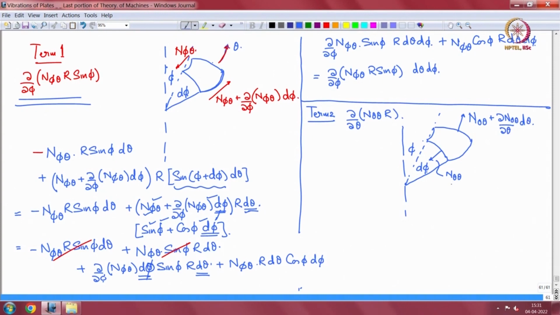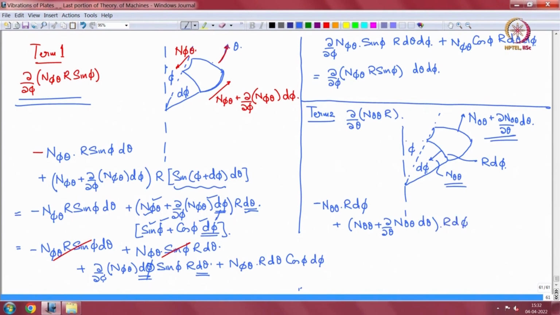So these are force resultants, so if I make a full force out of them, I have minus n theta theta into r d phi, okay, this length is r d phi, plus n theta theta plus del theta n theta theta d theta into r d phi.